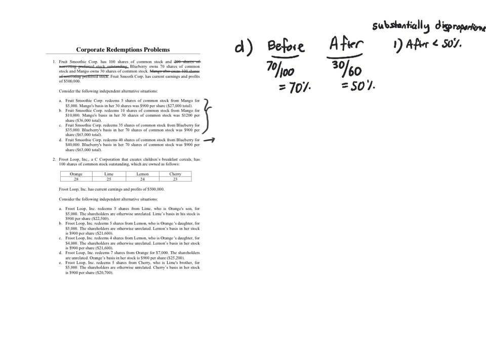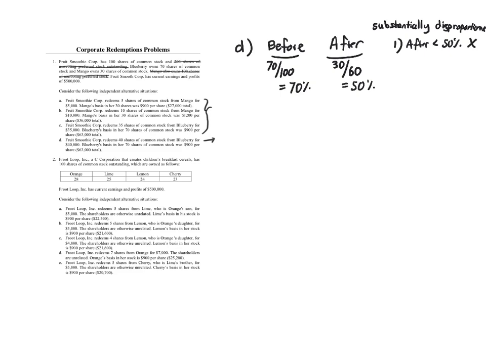Now notice it says less than 50%, does not say equal to 50%. So that means it fails substantially disproportionate. It fails this test. We stop there at that test. We continue on with our tests.